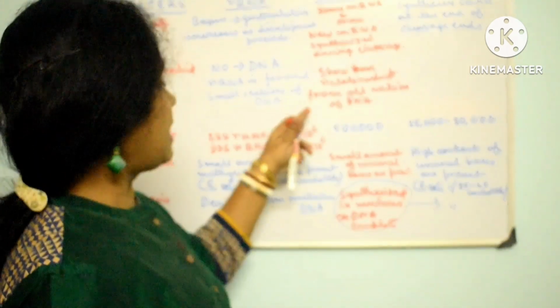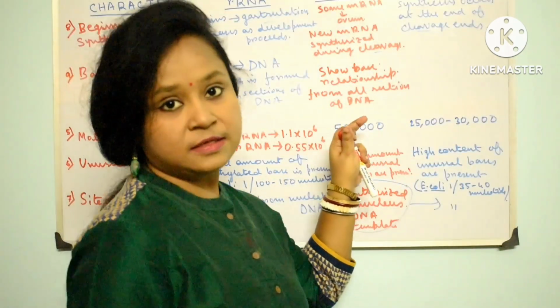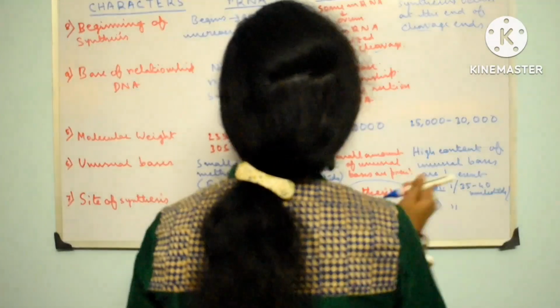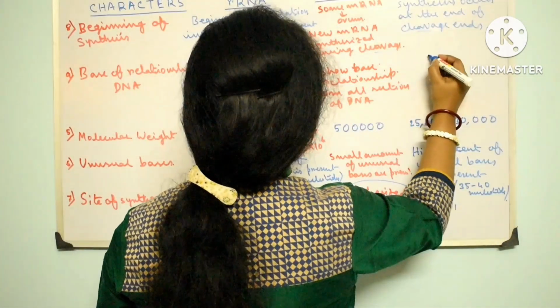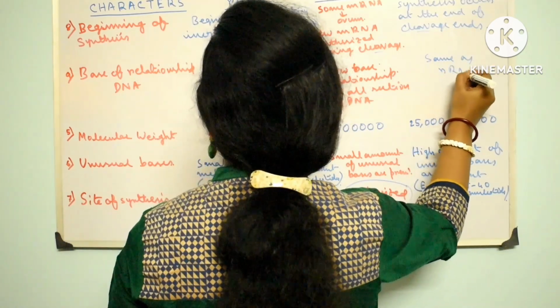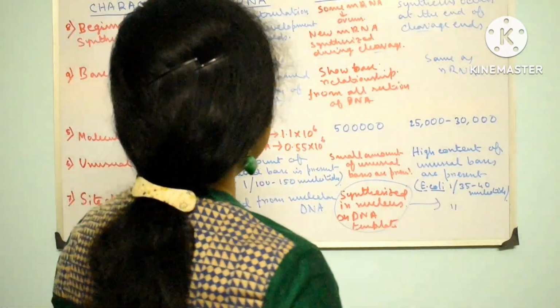If you want to study this base relationship from all sections of DNA, you can consult my lecture about mRNA. And what about tRNA? Same as rRNA, meaning no obvious base relationship with DNA.